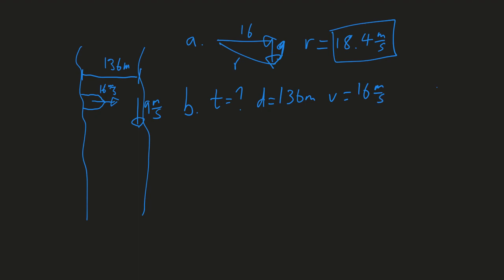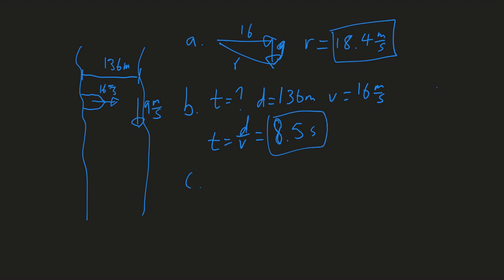So we can use these 3 to get an equation. Is distance over velocity. Take a moment to solve, and you should get 8.5 seconds. Answer for part B.